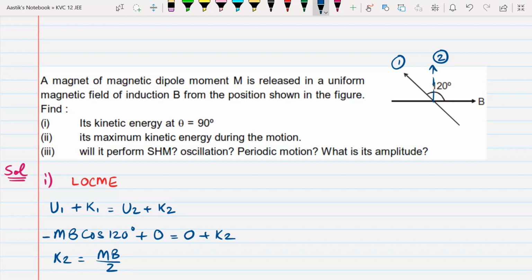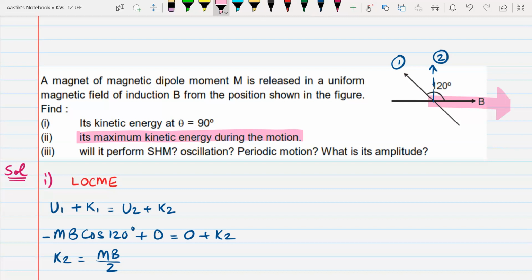Yes, sir. Now, where will it have maximum kinetic energy? Can anyone tell me? Where will the kinetic energy of this particle be maximum? It will be maximum when it passes its position of equilibrium.